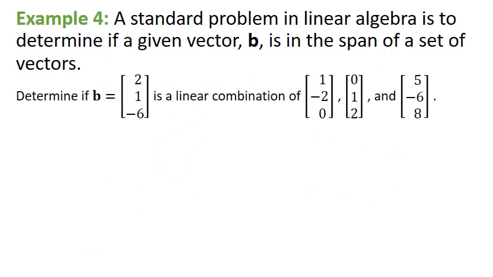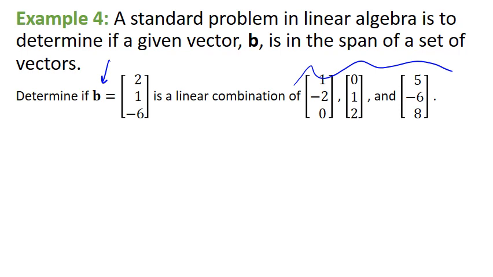Okay, let's look at this example here. Another basic problem is to determine if this given vector is in the span of this set of vectors. So this is just another way of asking a question. Basically, we want to know if vector B is a linear combination of these three vectors.